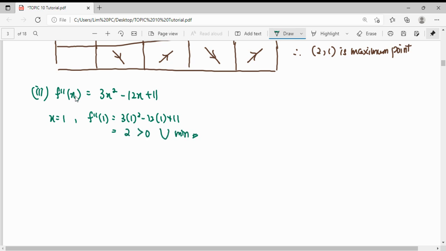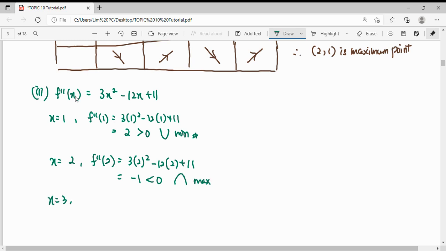So this is a minimum case. Then we proceed to the second point. We get negative. So negative will be concave downward. So this is our maximum case.